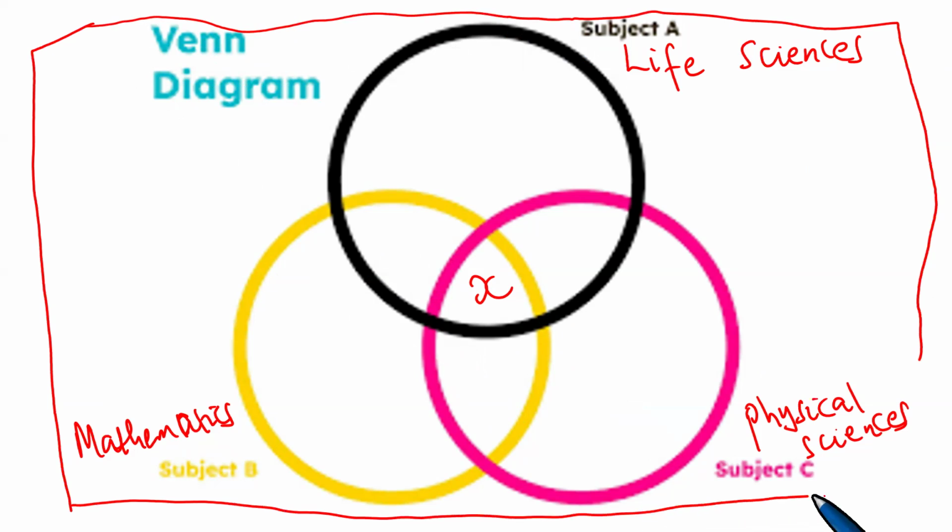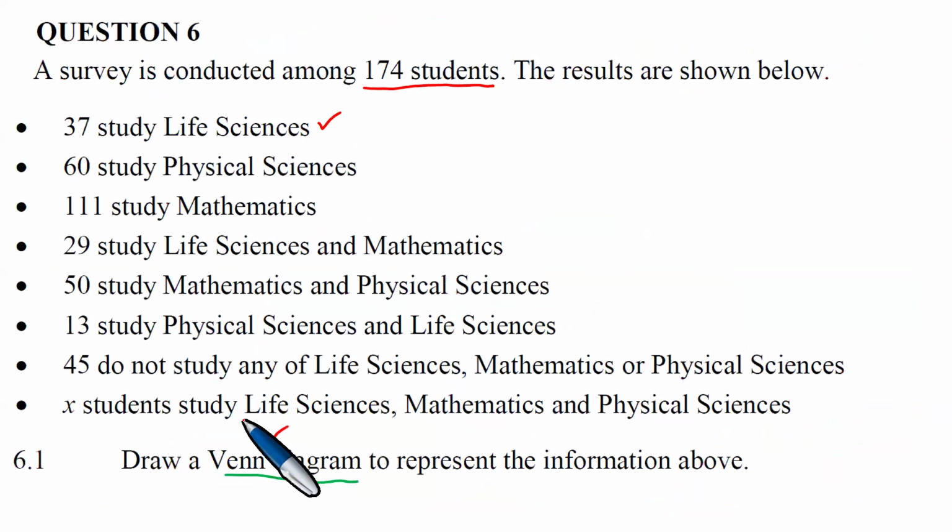We cover every single bit of thing, put everything in the rectangle like so. But X studies the life sciences, the physical sciences, the mathematics. So we're done with the X.